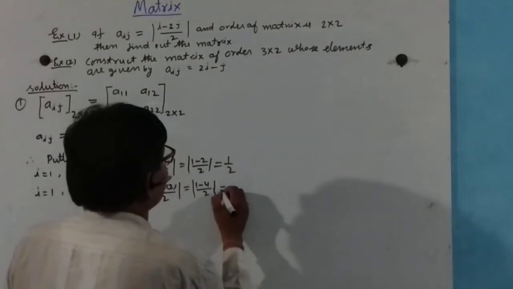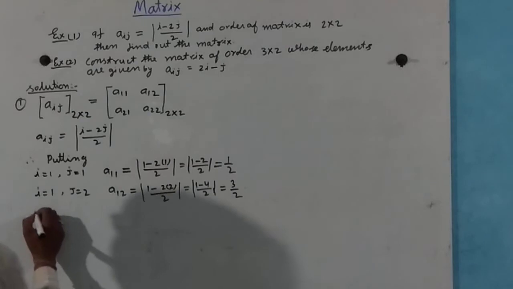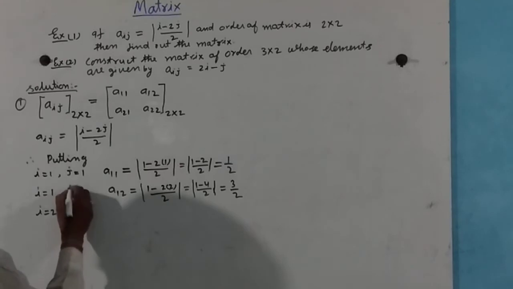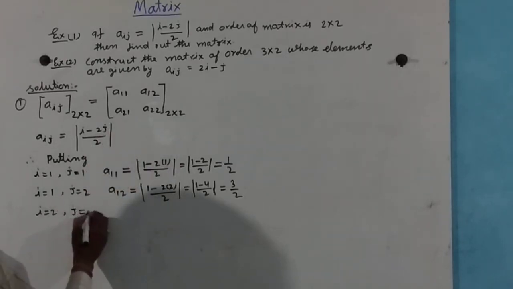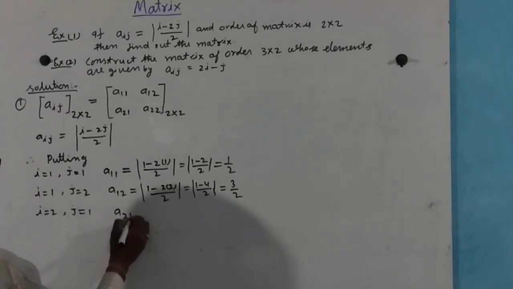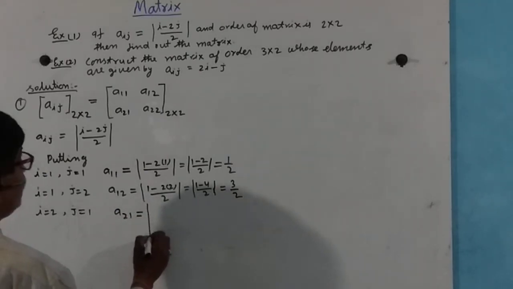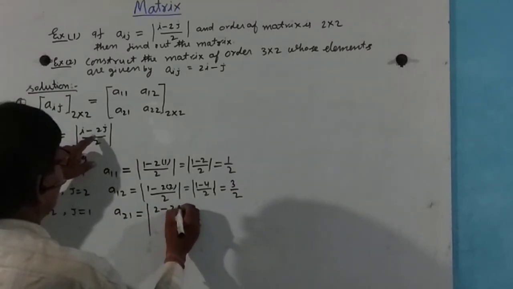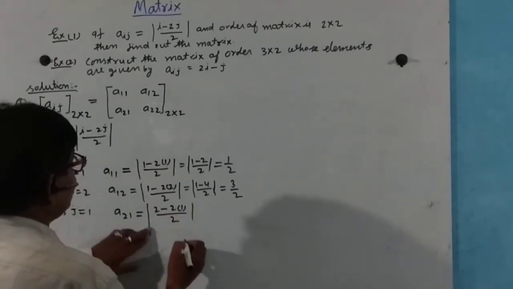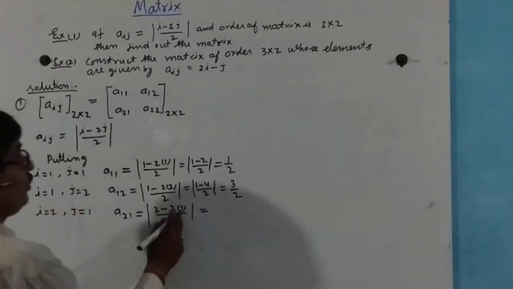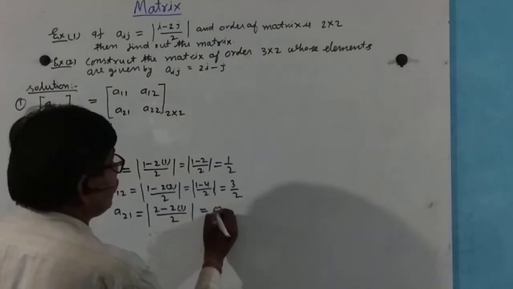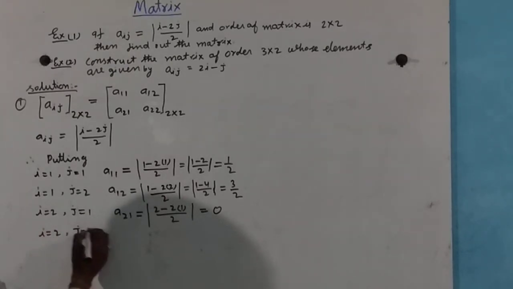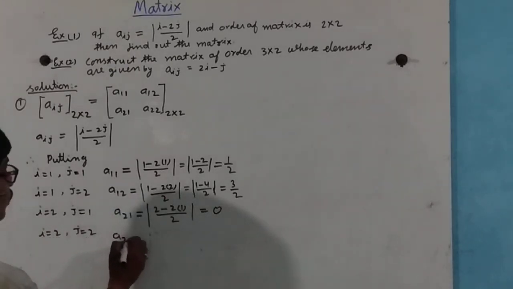For i equal to 2 and j equal to 1: A21 equals mod of (2 minus 2 into 1) by 2, so 2 minus 2 is 0, so it will be 0. And i equal to 2, j equal to 2, A22.